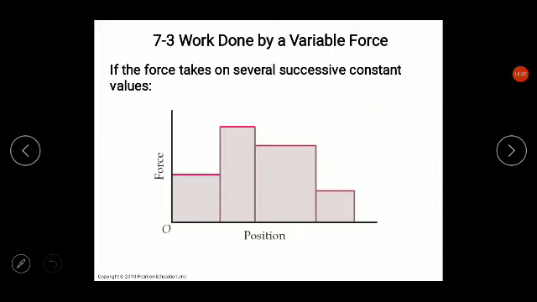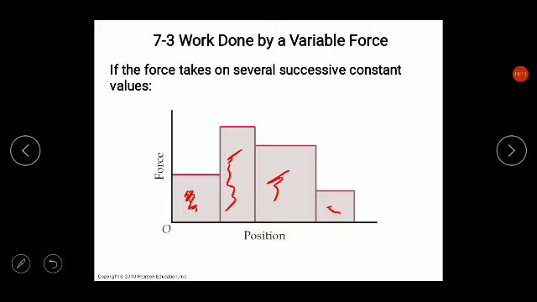If there are several forces acting on the system, then all you have to do is take into account the areas if you're going to use a graph. So the area of this force plus the area of this curve plus the area of this curve will be equal to the total work done on the system.